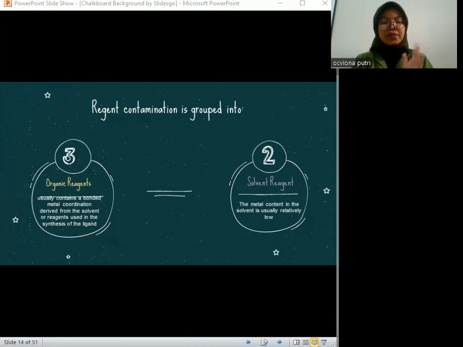And the last part, the fourth, is solvent reagents. In the metal content, the solvent is usually relatively low, but care must be taken for the presence of other organic compounds dissolved in the solvent because they can interfere with the spectrometric determination.